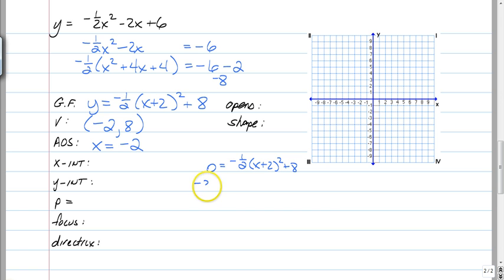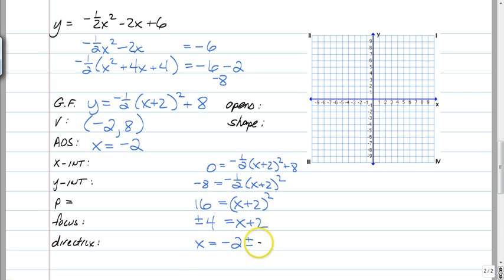So subtract the 8. This is negative 8 is equal to negative 1/2 times (x plus 2) squared. Multiply both sides by negative 2 to get this to go away. That's 16 is equal to (x plus 2) squared. Square root both sides. That leaves us with plus or minus 4 is equal to x plus 2. And that's going to give us x is equal to negative 2 plus or minus 4.